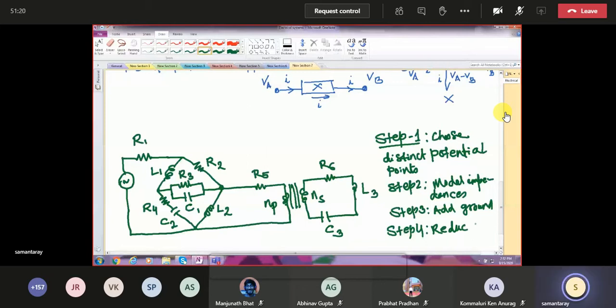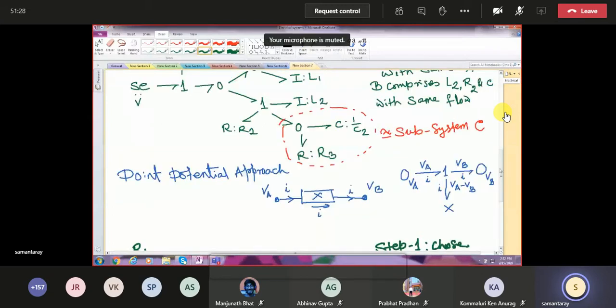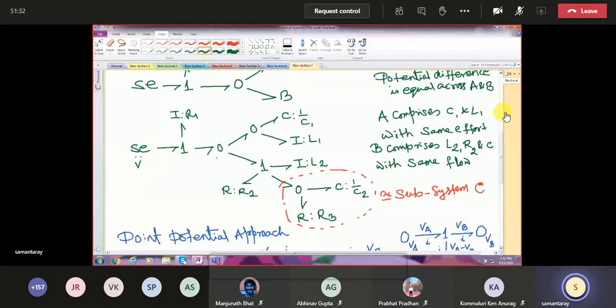So we have some reduction steps we can always apply. If you look at your previous model, there also some reduction was possible. You can see that these two zero junctions are adjacent zero junctions, so these two zeros can be merged, and here C1 and L1 will directly appear at the zero junction. So that kind of reductions we will perform.